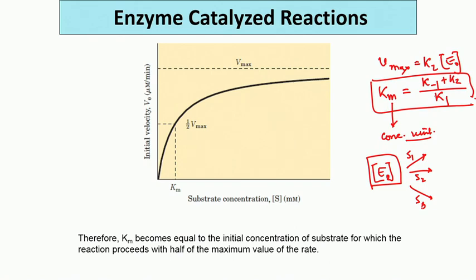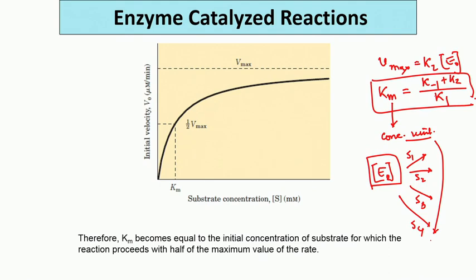These initial velocities will be different for the different values of S. If you have many points like that, S 3 then S 4, slowly increasing the substrate concentration, you determine the initial velocity and then plot it against substrate concentration.